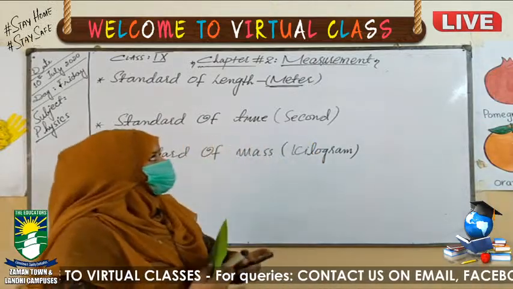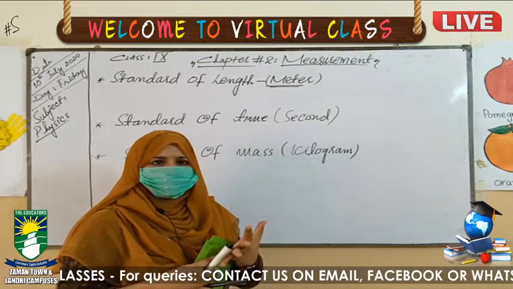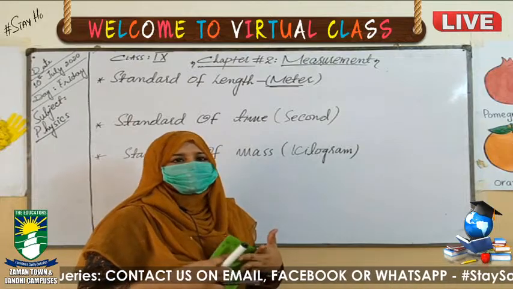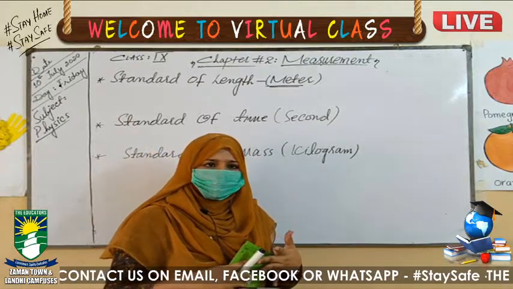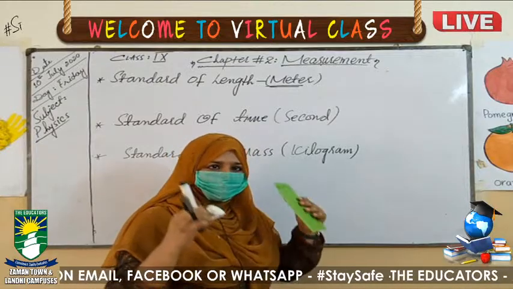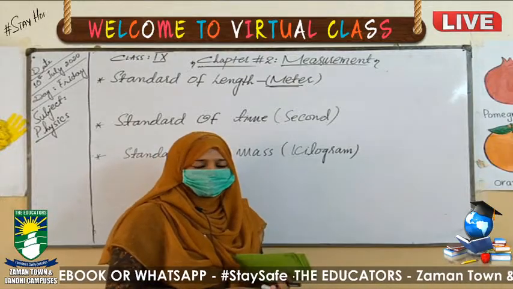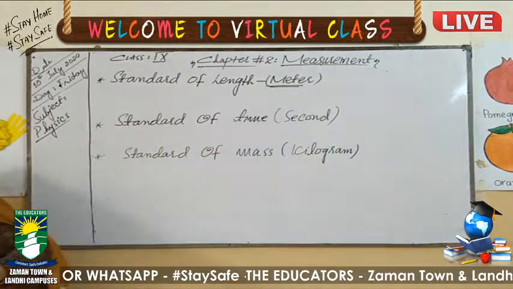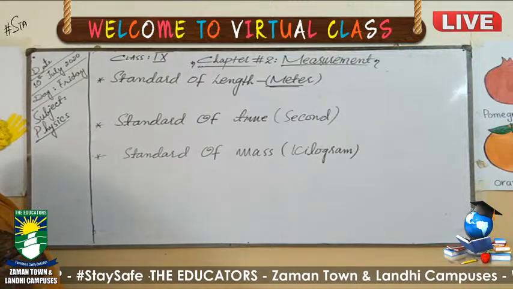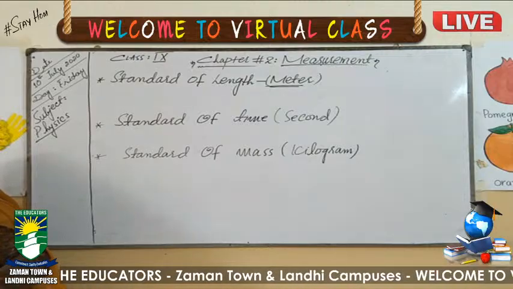Now, what topics have I taught you? Quantities, physical quantities, fundamental and derived quantities, fundamental units and derived units, and then the systems of units. These are the topics for today, and it's your homework for learning. You can learn all these topics from your book.